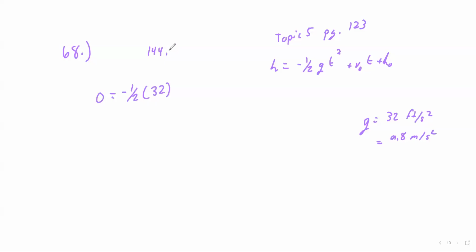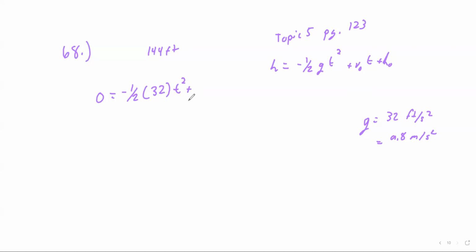Since this building was 144 feet, we keep the units the same. Times t squared, well, we don't know time. We're trying to figure out how long that would take. Initial velocity: let's see, what did it tell us? How long would it take for a ball from the top of a 144-foot building to hit the ground?